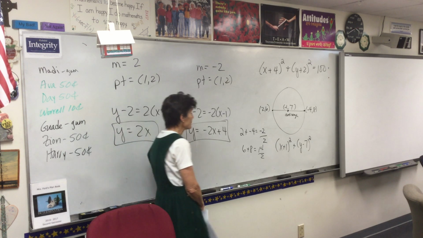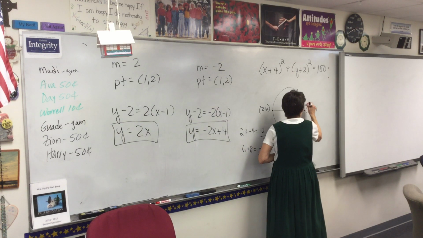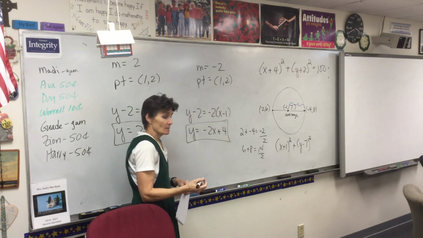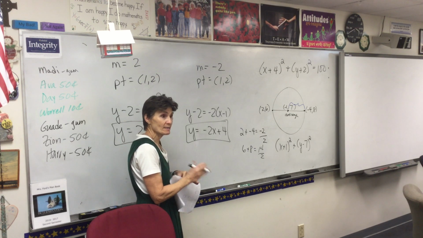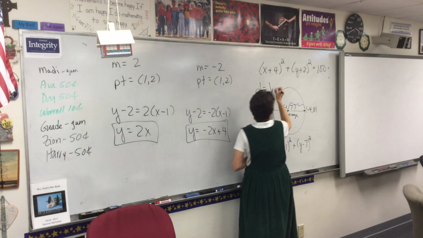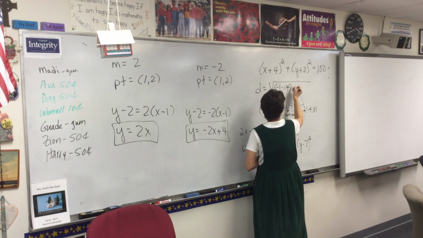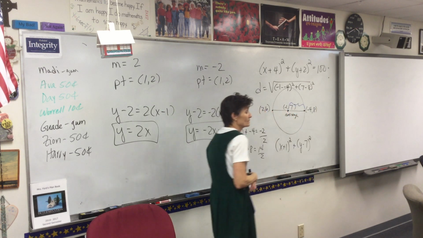Now I need my radius. This right here would be the radius, agreed? So I need to find the distance between those 2 points. And the distance is the square root of (x minus x) squared plus (y minus y) squared.